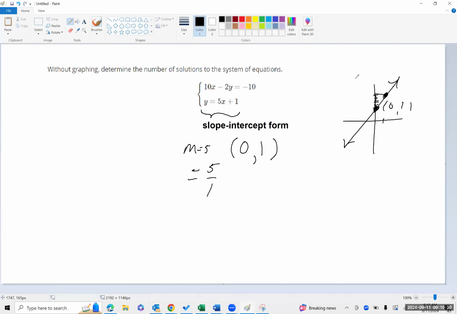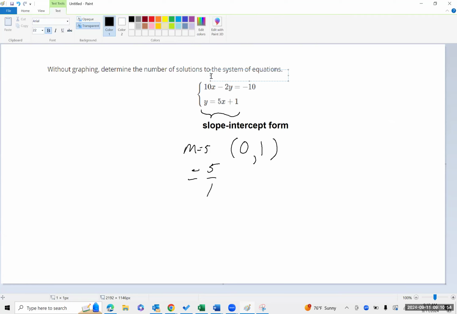Now, the other equation, and I think I'm going to actually erase this here. So now you should have an idea in your mind based on those two pieces of information. This other equation, it's a line, but it's in standard form.